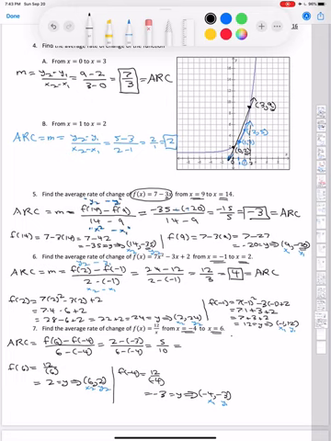As we reduce, we get what? 1/2 as we divide out our common factor of 5. So my average rate of change is 1/2 for this function from x equal negative 4, right, to x equal 6. There's the arc, right, on that one.